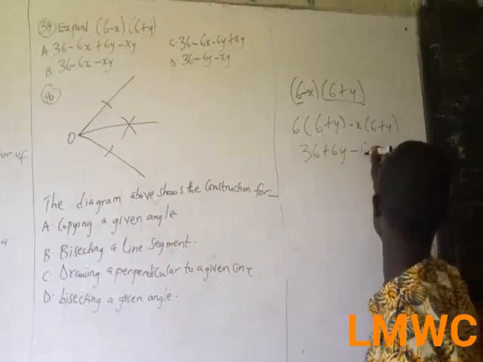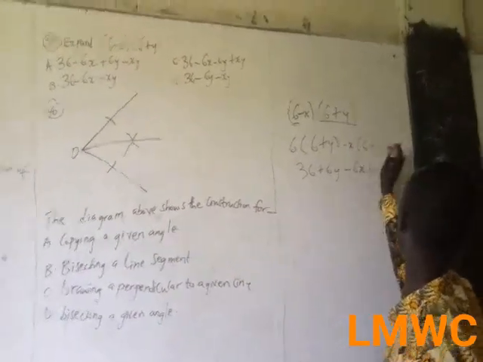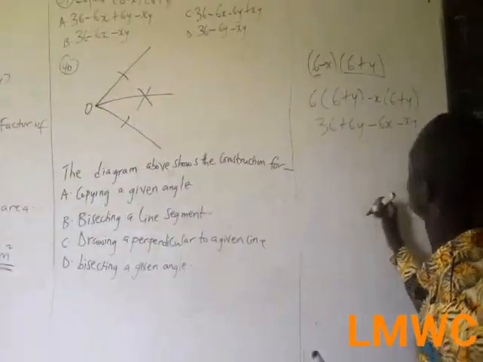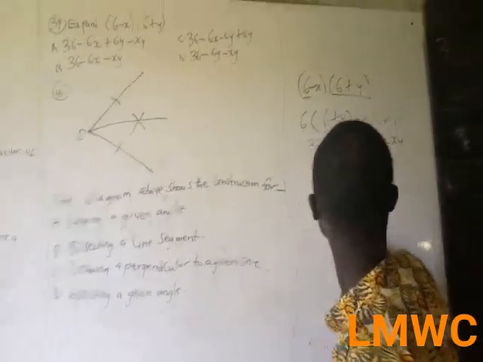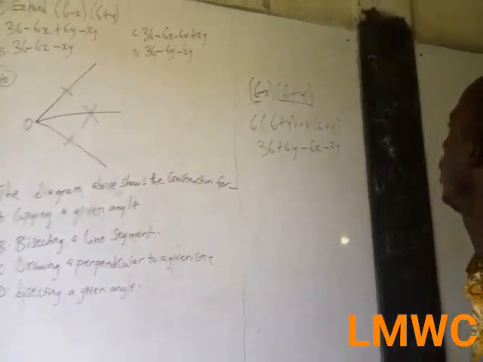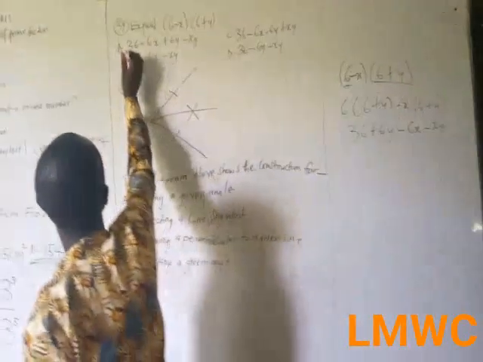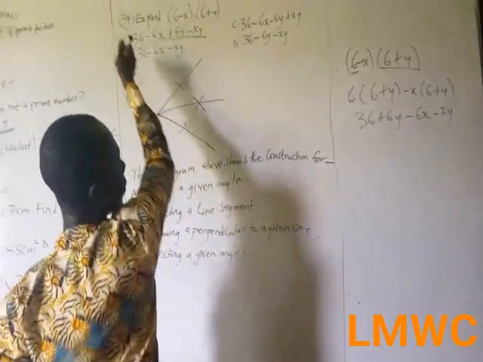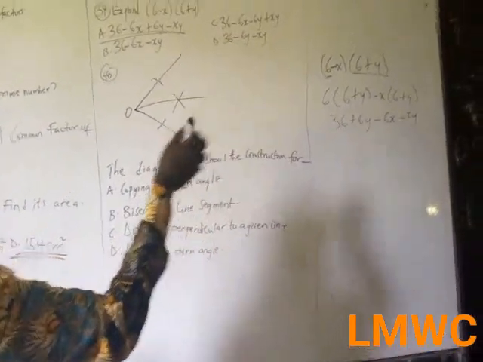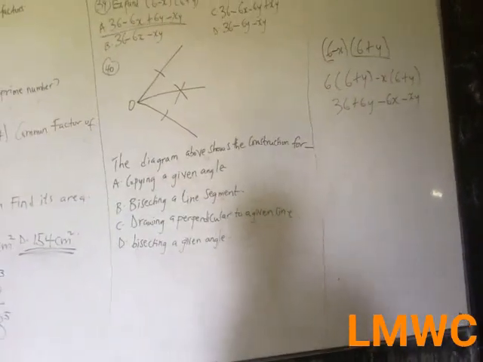Minus this times this is x, minus this times this is xy. So we have 36 plus 6y minus 6x minus xy. So our answer is A, because we have 36 minus 6x plus 6y minus xy.